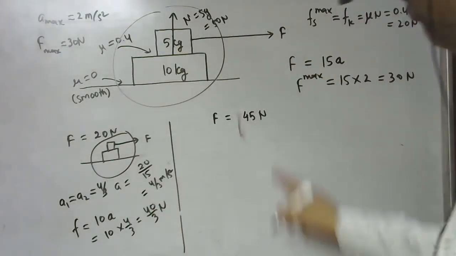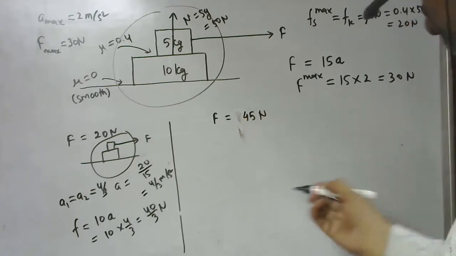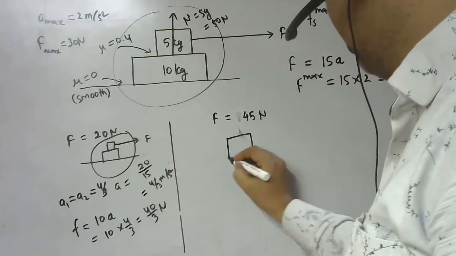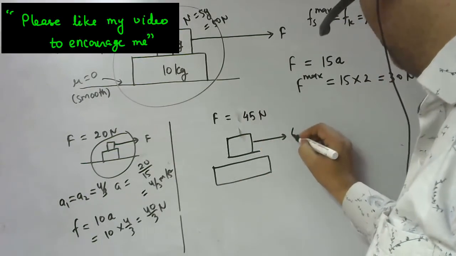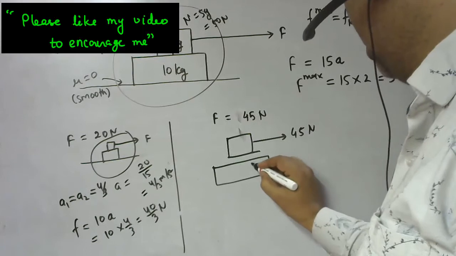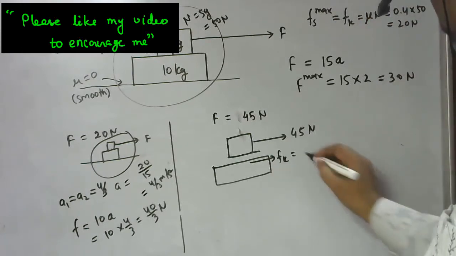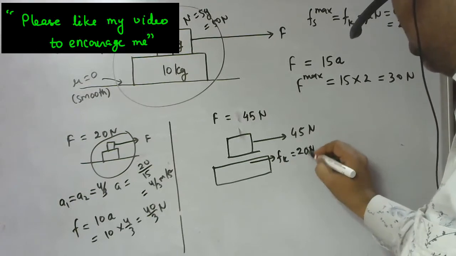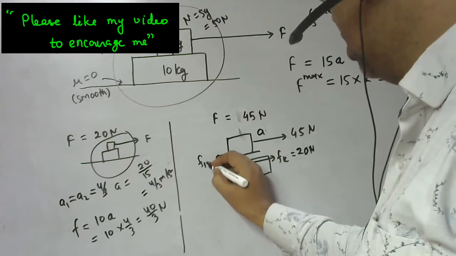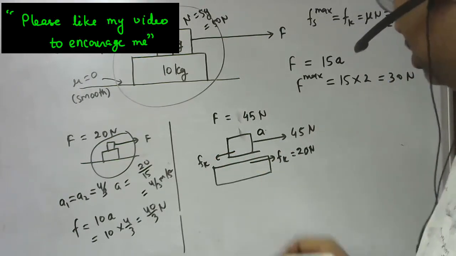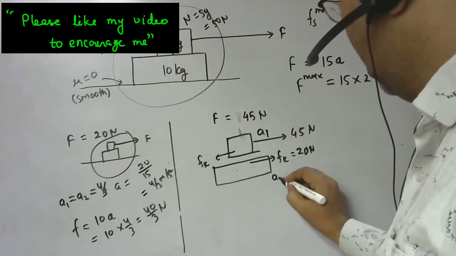Now if the force is more than 30, this 45 is more than 30, so both blocks will accelerate separately. This being 45 Newton, there is a limiting friction Fk which equals 20 Newton, and there is an opposite friction on the upper block, and they will have accelerations a1 and a2.